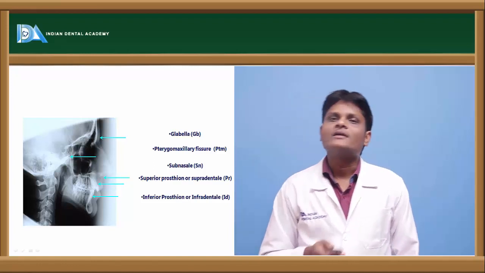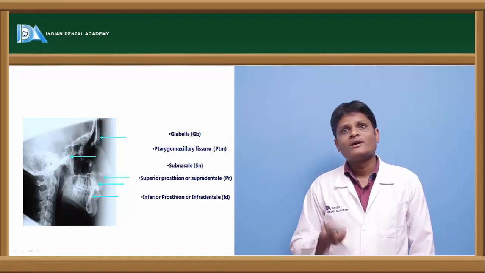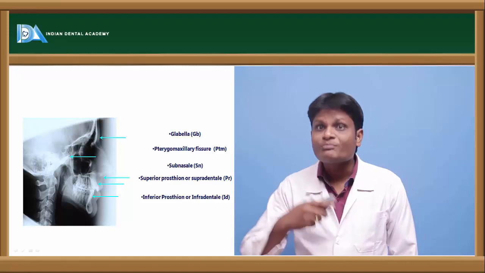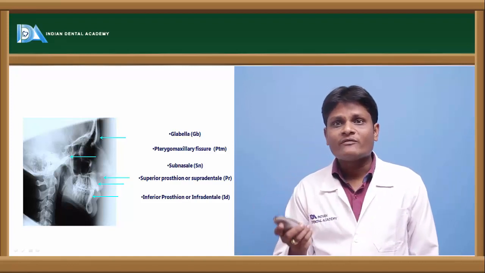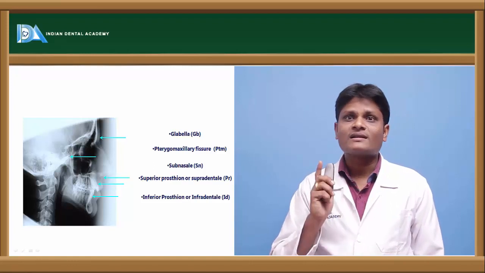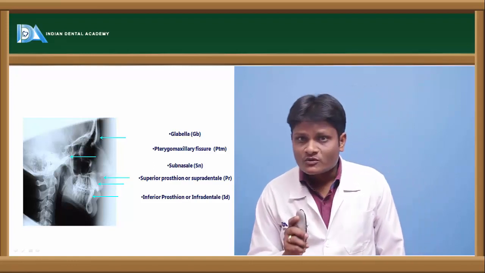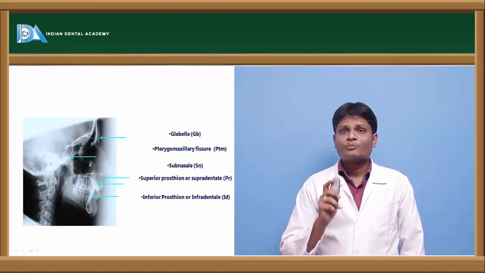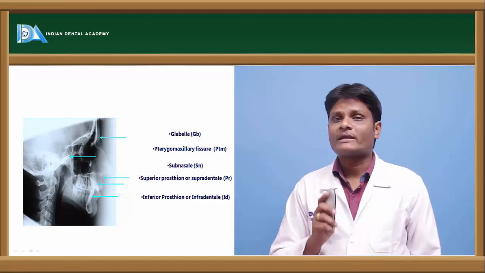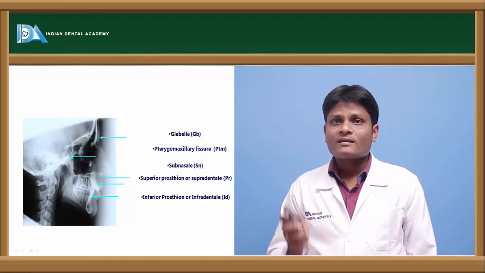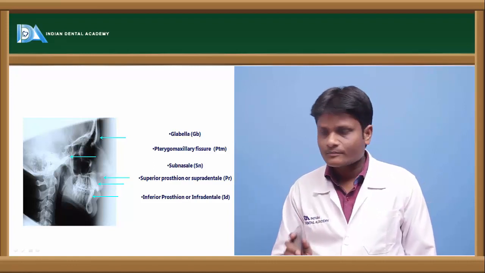Similarly, we have the inferior prosthion or infradental, which is the anterior and superiormost point on the alveolar bone in the midline between the two mandibular central incisors.